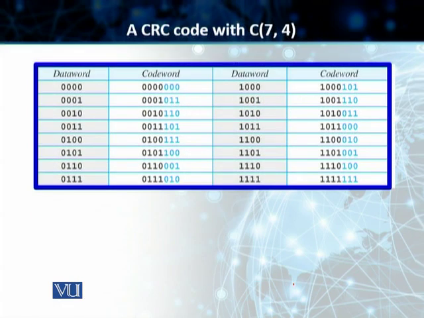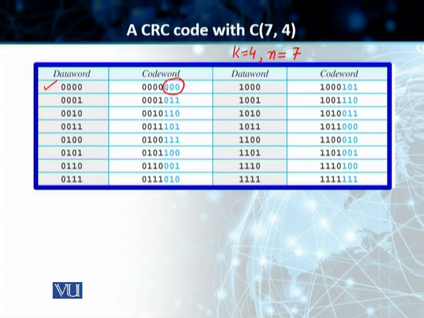Students, as you can see on the slide, we have a CRC code with the value of k as 4 and the value of n as 7. What we are doing in this case is we have a data word, let's suppose this first one here of 4 bits, and all that we are doing is appending some more bits to it.